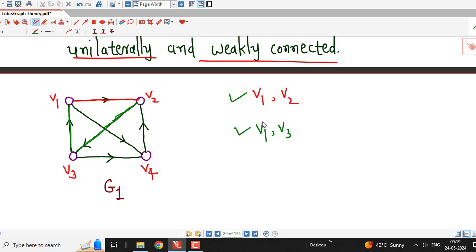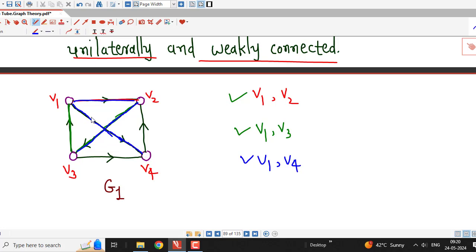Similarly, we have to check for every pair of vertices. Here we can see that there is a path from V3 to V1, and for V1 to V3 we have to go along this path. If we go along this path, then V3 is also reachable from V1. Then for V1 and V4, V4 is reachable from V1.